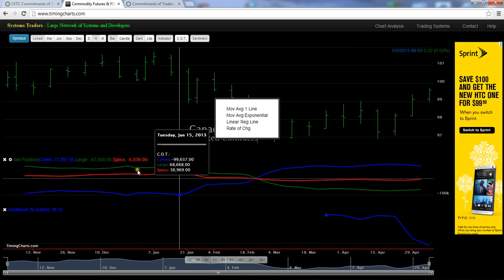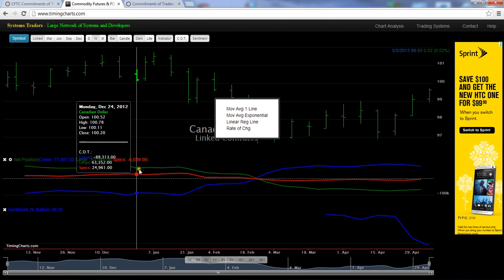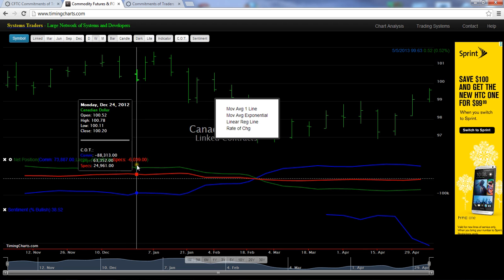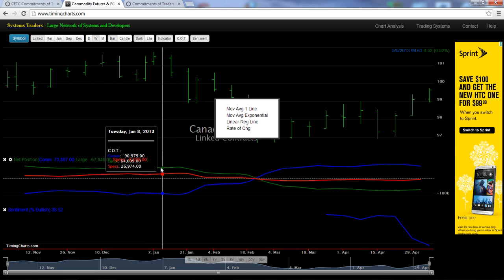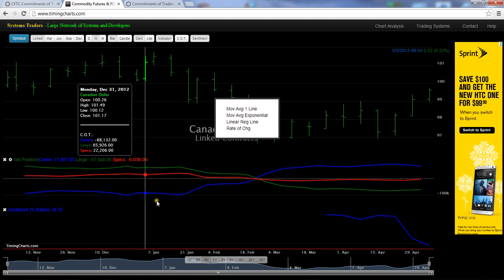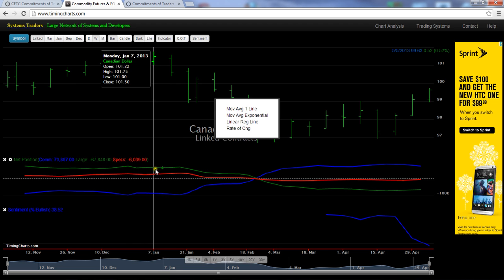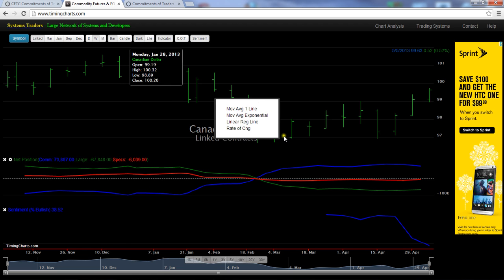But basically, what you're looking for from this website is a lot of divergence between the green line and the blue line, because when you get divergence, it's a reversal sign.